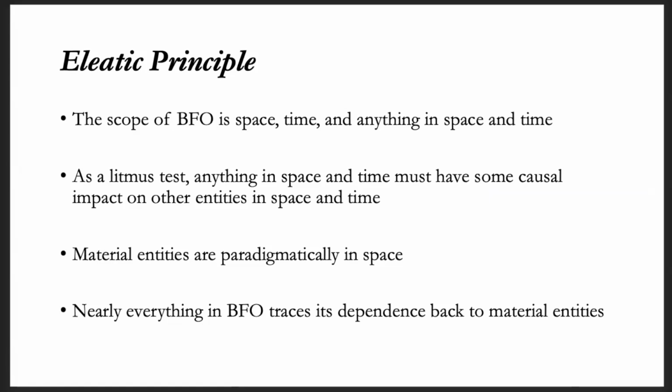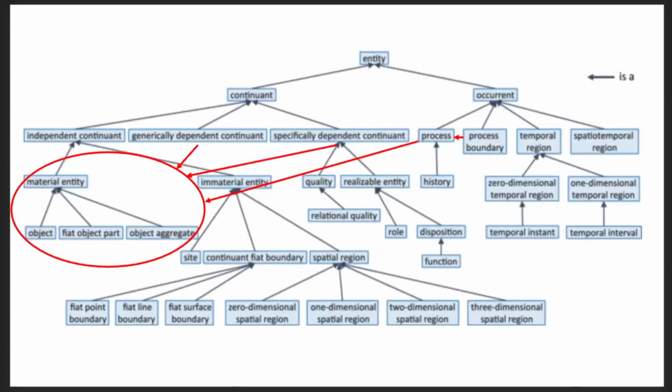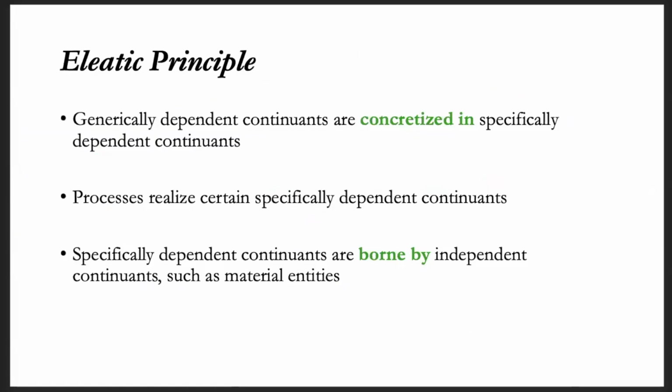So material entities are paradigmatically in space. And nearly everything in BFO traces its dependence back to material entities. This is the design pattern part. Just about everything, and certainly everything we'll be discussing with design patterns here, traces back to material entities. Generically dependent continuants are concretized in specifically dependent continuants.